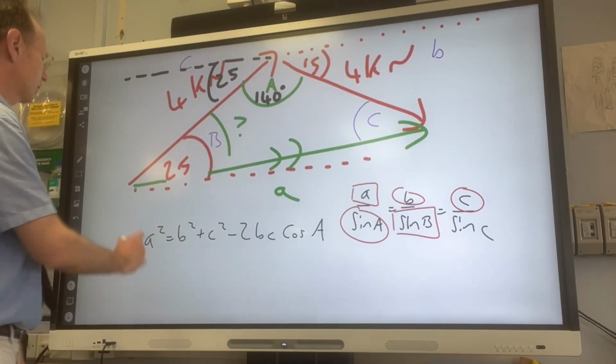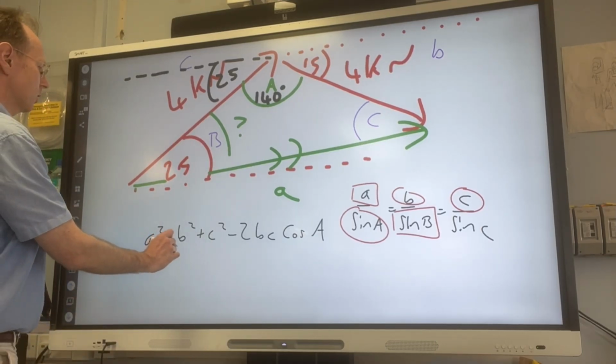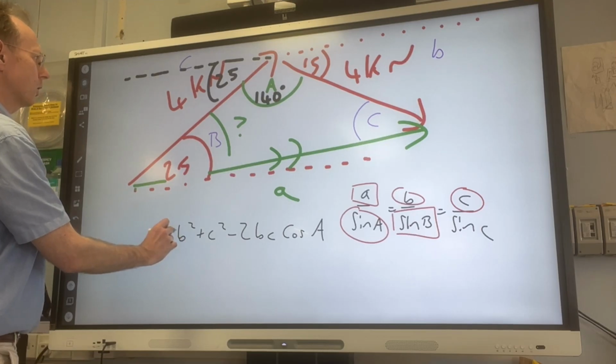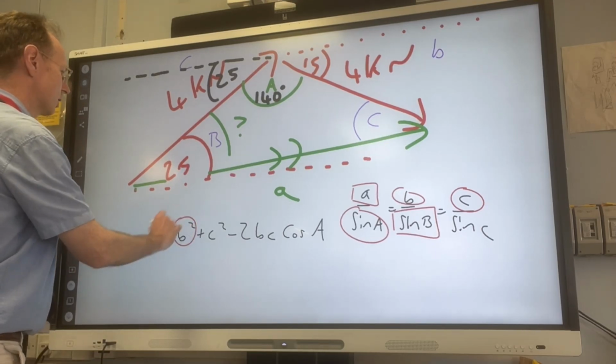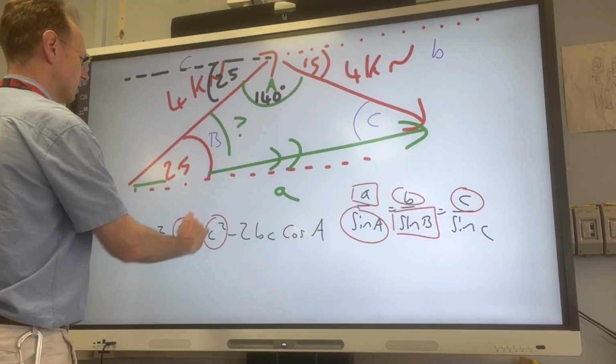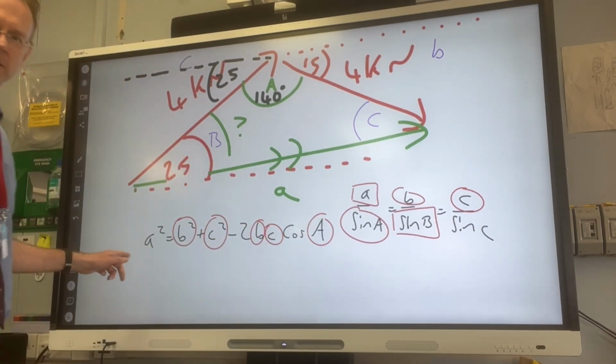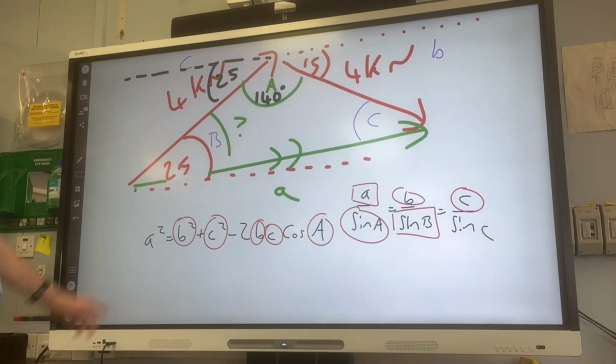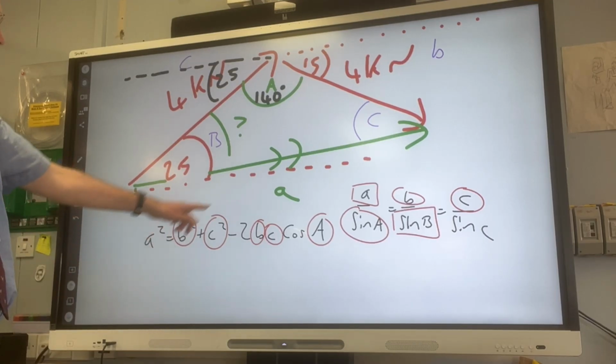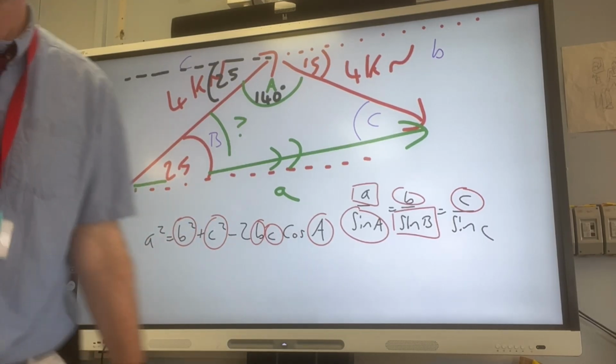Oh, look, A squared. We know B squared. We know C squared. We know B, we know C, we know A. So we can use this. So that will give us A. So let's work that.